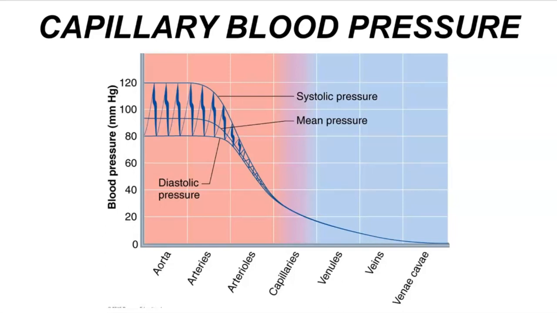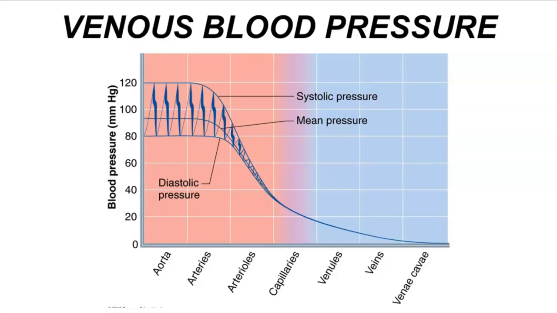So pressures any higher than 35 millimeters of mercury would rupture the capillaries due to how thin their walls are. And finally, we can examine venous blood pressure. Venous blood pressure, starting at the venules, is about 18 millimeters of mercury, down to just above zero, roughly between 0 and 1 millimeters of mercury in the vena cava.